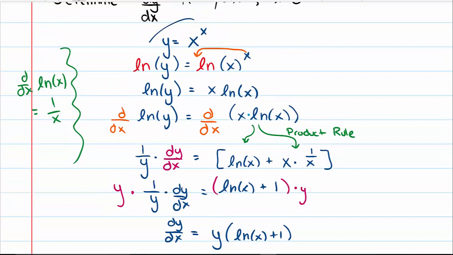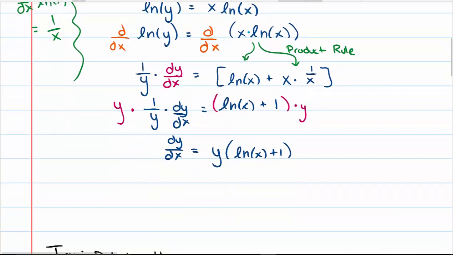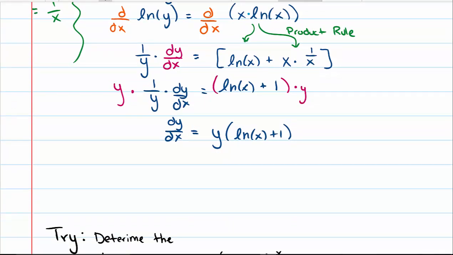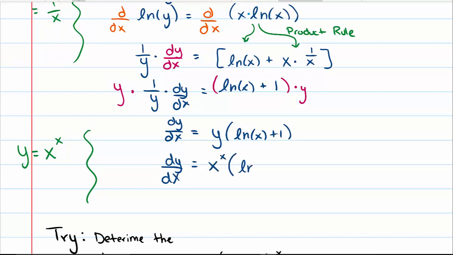Well, y was equal to x to the power of x. Okay, so I'm going to write that on the side as well. y is equal to x to the power of x. That was from the original part of the problem. So then dy dx is just equal to x to the x power times ln of x plus 1. And there you go. That's the derivative.